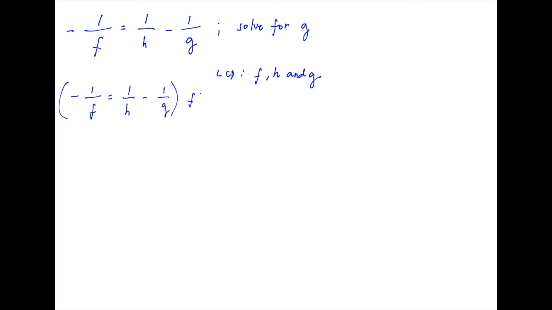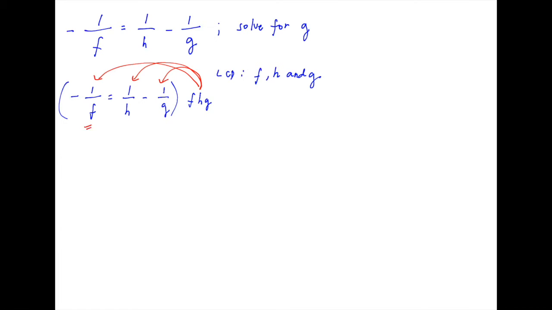That is fhg. Next, once I multiply this equation, I can multiply here to this, then into this, and then into this.